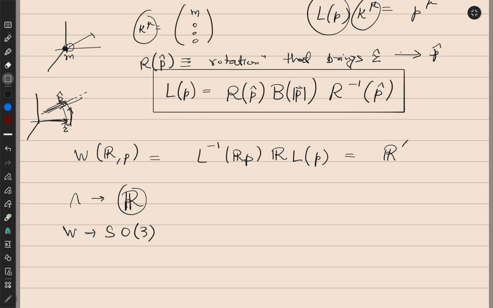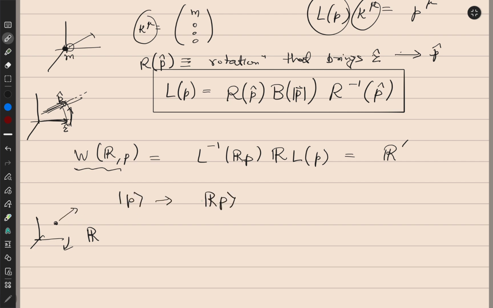But the goal of today's video is to show that this R prime will indeed be R, and this is important for the following reason. Say you had done your rotation R, imagine a particle in your laboratory, and then you did a rotation R of your laboratory frame. Now the particle's momentum, which was first P, would now go to RP, and its internal space, the space of internal degrees of freedom that we were labeling with sigma, will also rotate.